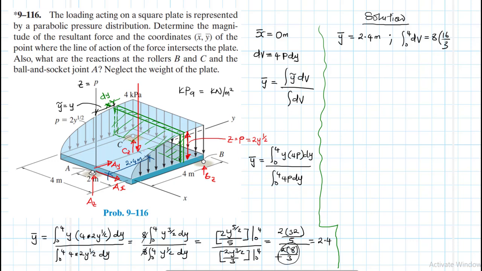This one here, you see this one at the bottom. So this eventually gives us 128 divided by 3. So this force here is 128 divided by 3 kilonewtons. Because we are multiplying by area, at the end of the day we'll just remain with kilonewtons. So that is the equivalent force.